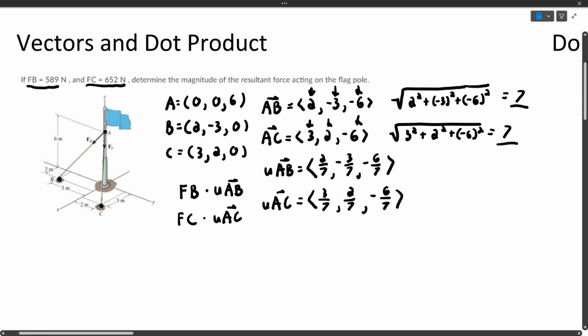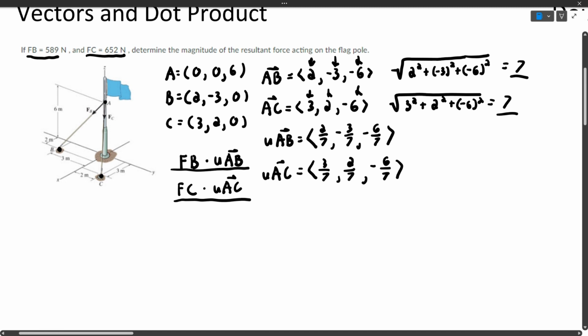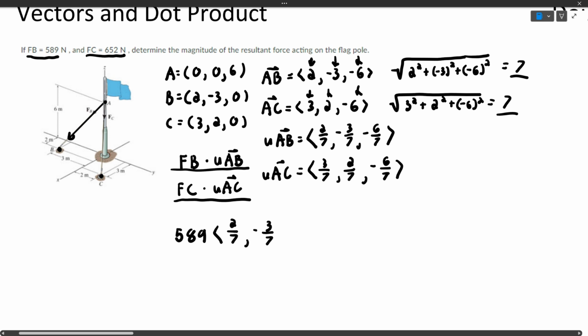Now we can use these formulas right here, where we multiply the forces that were given by our unit vectors. So for AB, we have 589, which is our force for FB, times the unit vector for AB, which we have right there. So we have 589 times 2 over 7, negative 3 over 7, negative 6 over 7.